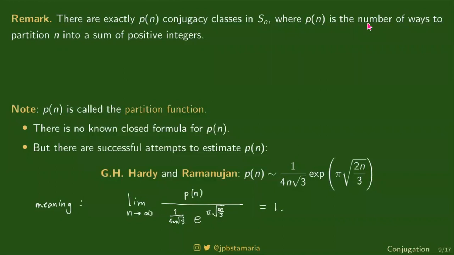Yun ang ibig sabihin ng asymptotically the same or asymptotically equal. Kapag sinabing ganyan, kapag yung n is large, yung ratio nung P of n tsaka nung estimate na yan is already very, very close to 1. Naintindihan niyo?